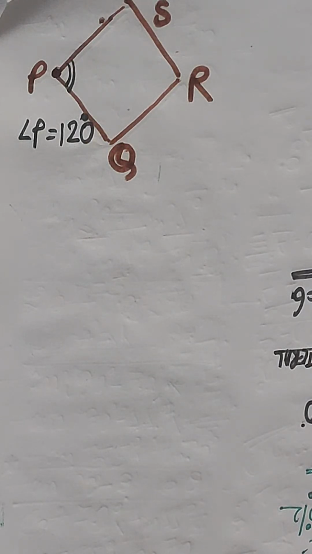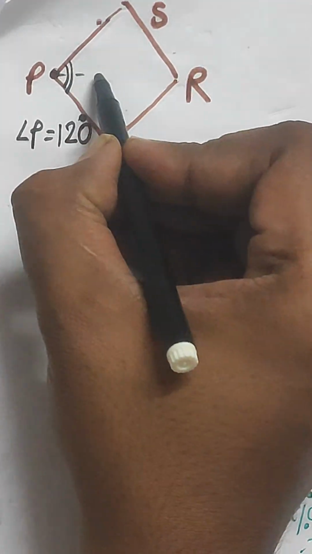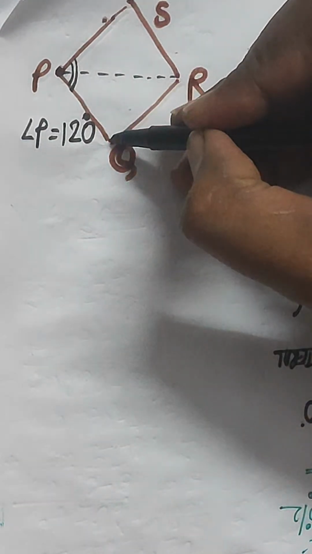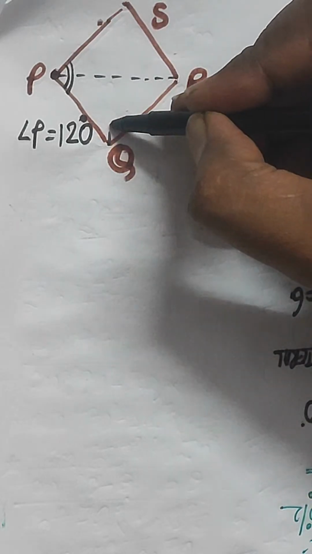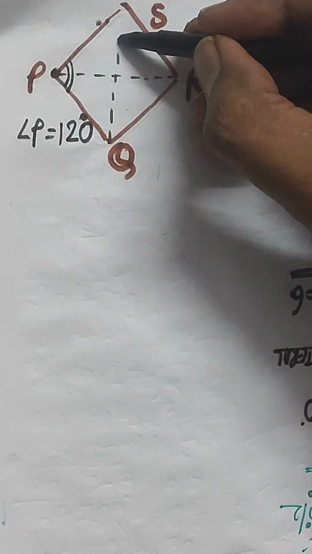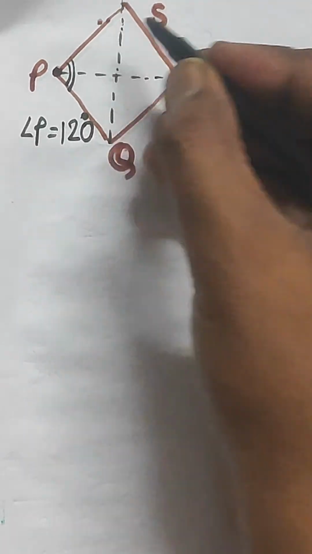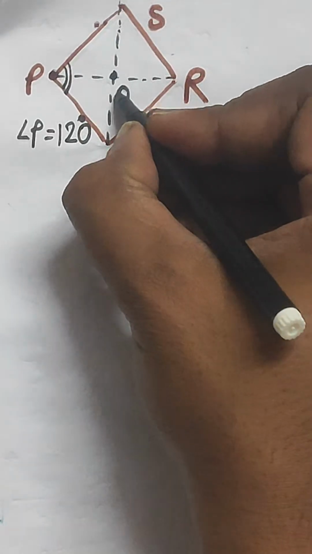It's also given that the diagonals of this rhombus intersect each other at O. PR is one of the diagonals, and QS or SQ is the other diagonal. Now they are intersecting at O.